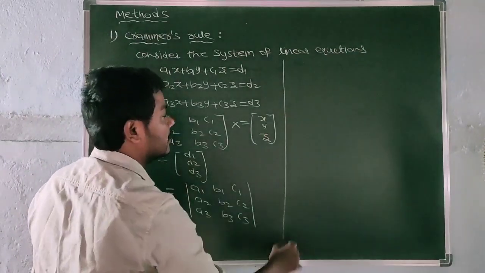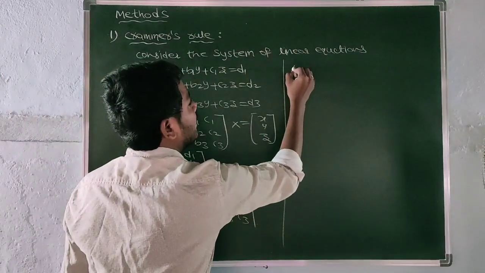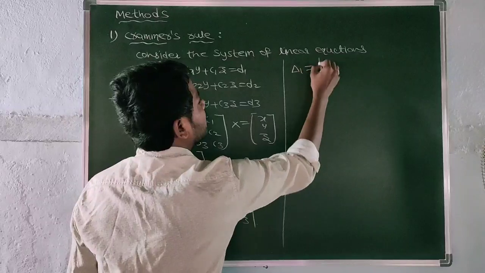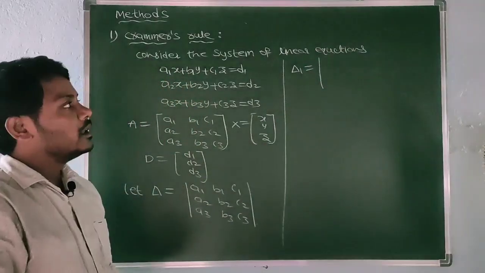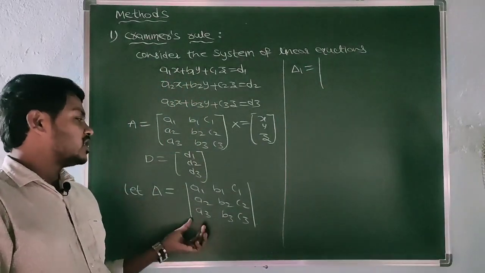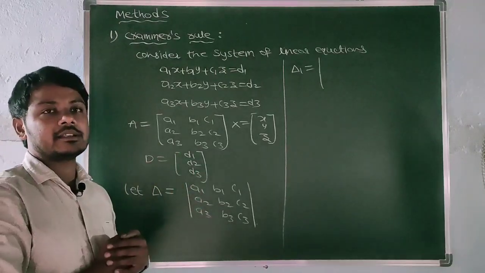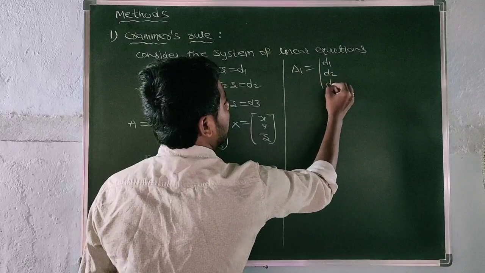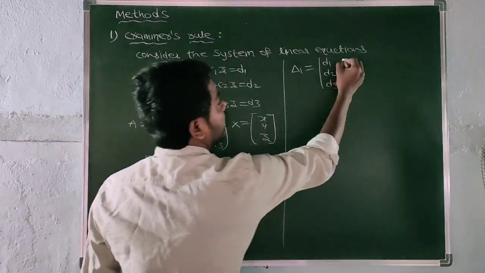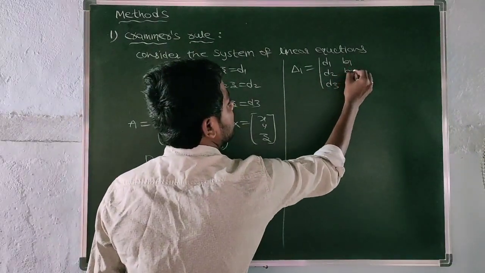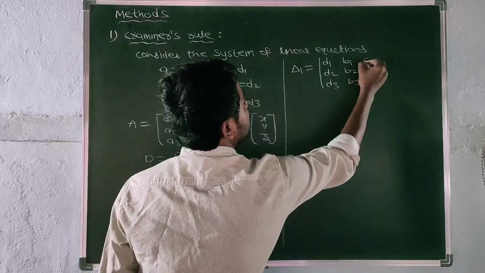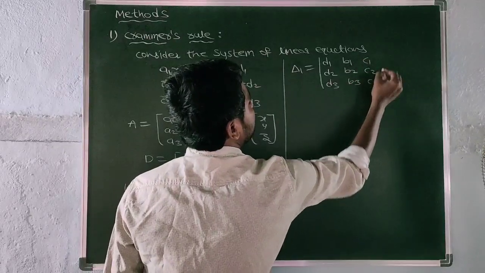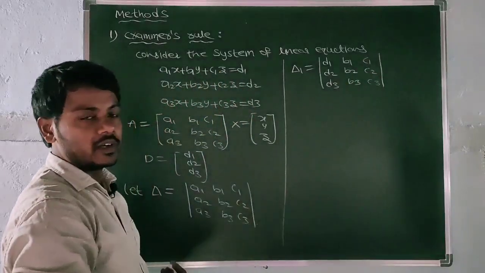Next, delta 1. Here, replace the first column with the constant matrix. Here d1, d2, d3. Next one, the remaining two columns are as it is, b1, b2, b3, c1, c2, c3. So this is delta 1.